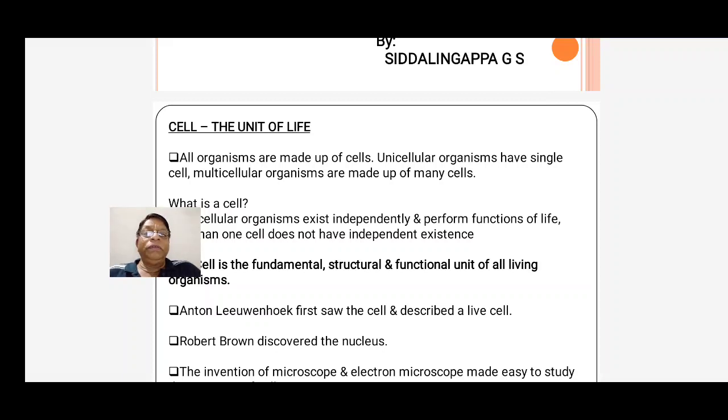Now, cell, the unit of life, as we have just seen, all organisms are made up of cells. All organisms means both the plants and the animals are made up of cells.